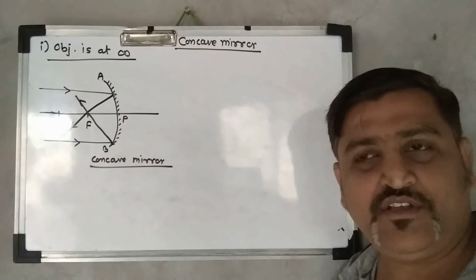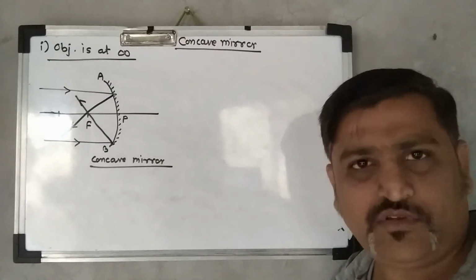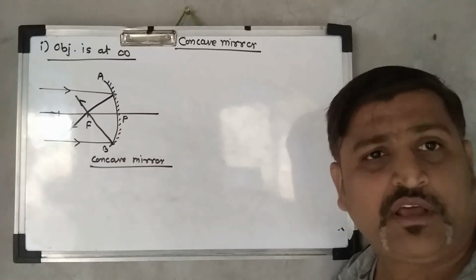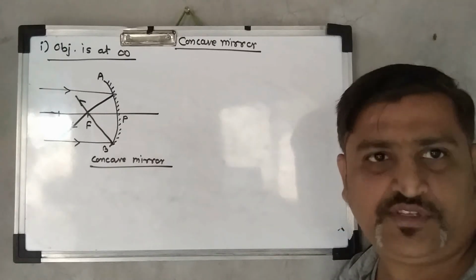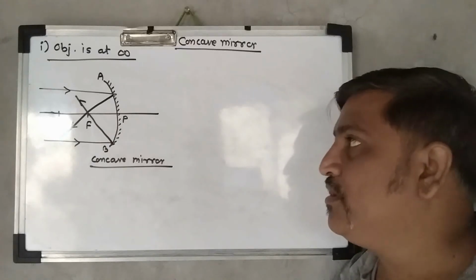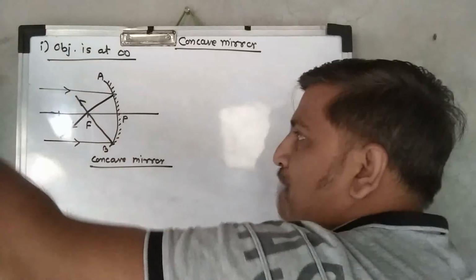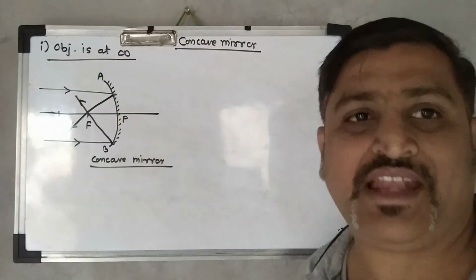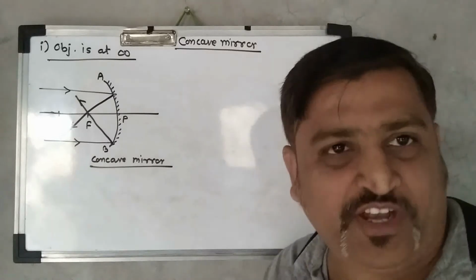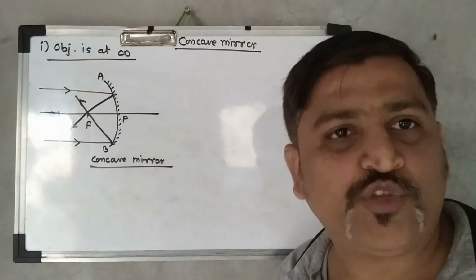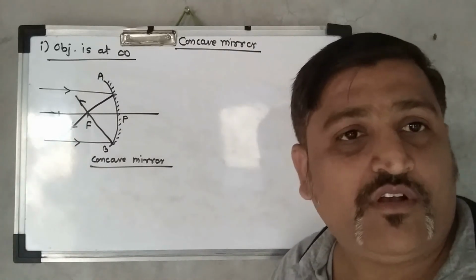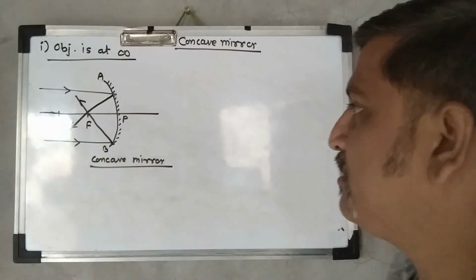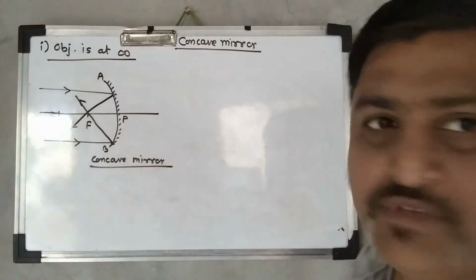Rule numbers are not important, but we should know the rules, and only then can we do this. So the incident ray is falling parallel on the concave mirror and after reflection passes through the focus, and the actual meeting point of the reflected rays gives us the position of the image formed. So here you find the position of the image formed is at the focus.